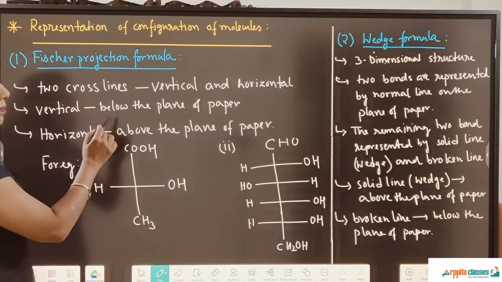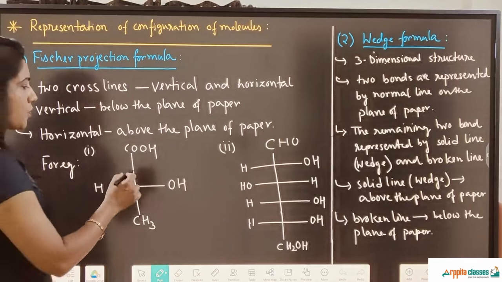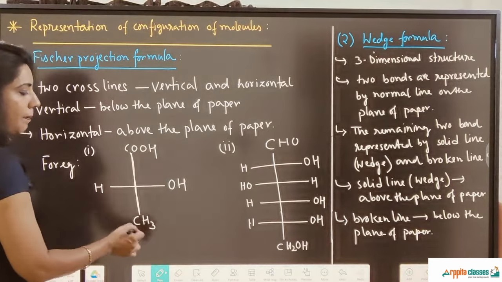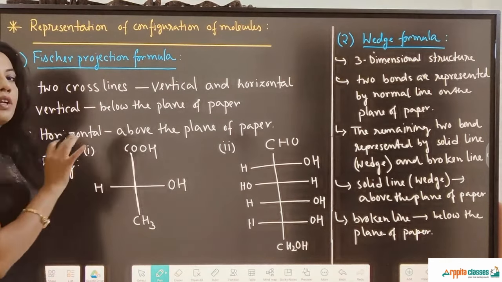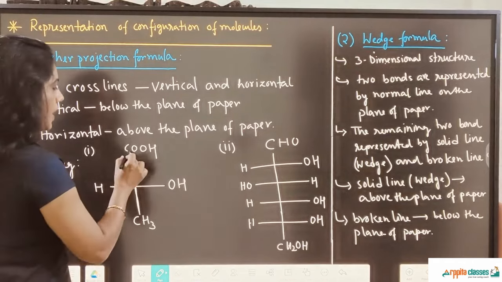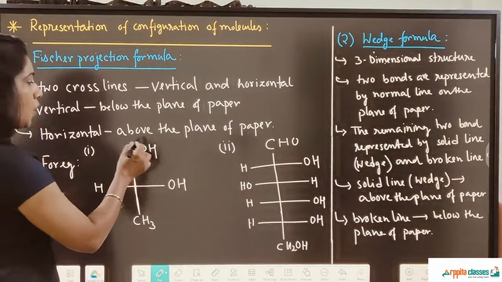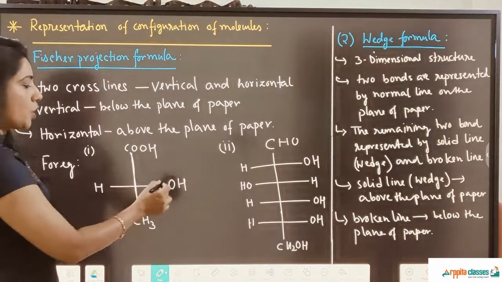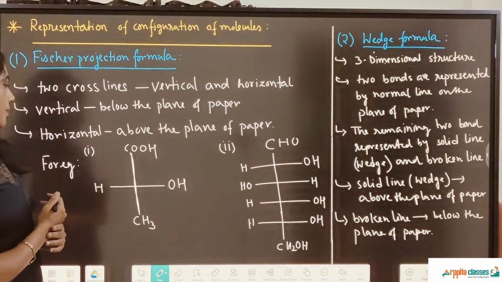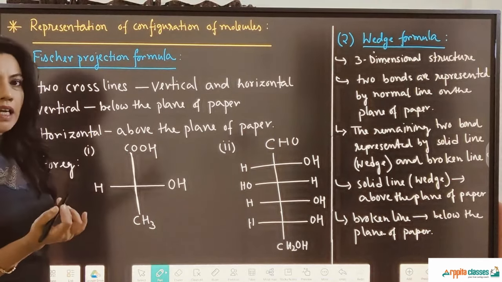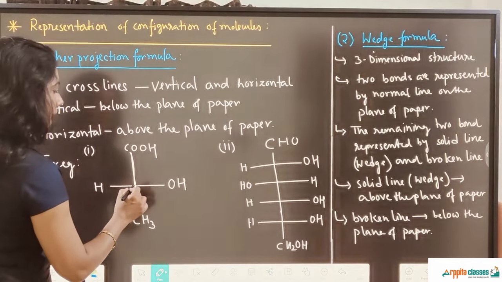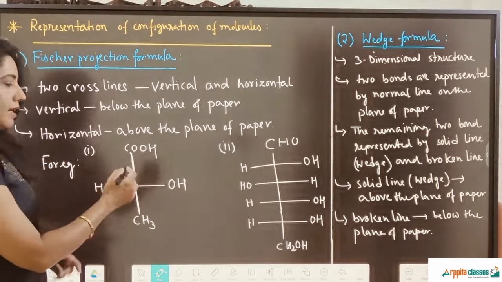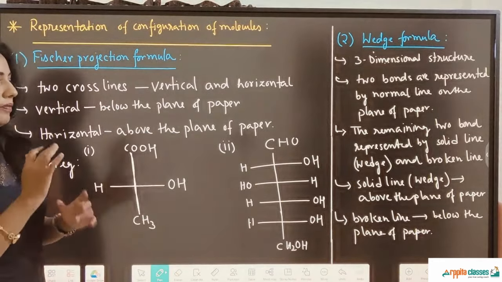The vertical line represents the groups which are below the plane of the paper, because it is actually a three-dimensional structure, and the horizontal line represents the groups which are above the plane of the paper. So when we write any compound, this is one carbon atom. These two groups are below the plane and these two groups are above the plane.